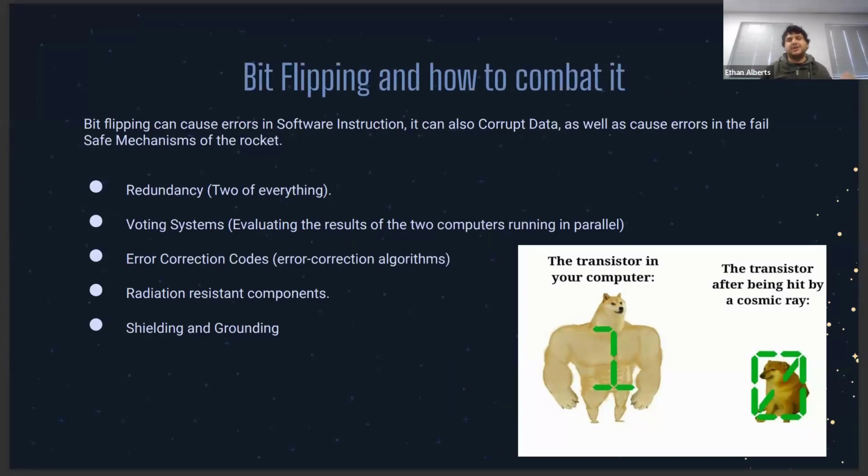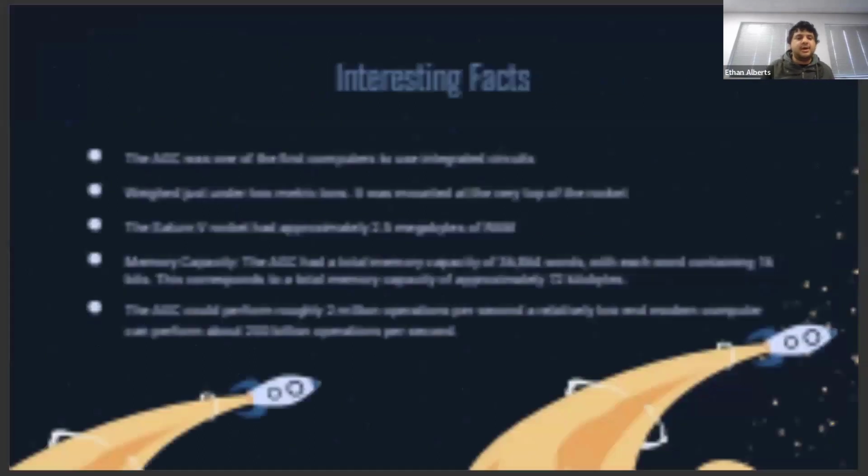They have two AGC computers running in parallel, and they evaluate each other's work, and whichever one is the most correct, that's what they go with. They also had things like error correction codes, or if you prefer, error correction algorithms. And they implemented lots of radiation resistant components and shielding, and they grounded the components to make sure this didn't happen.